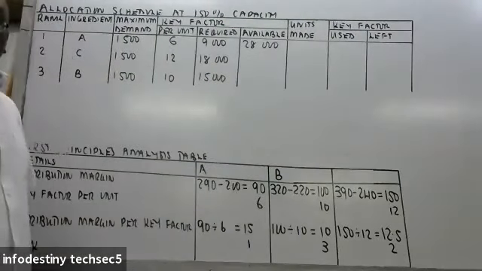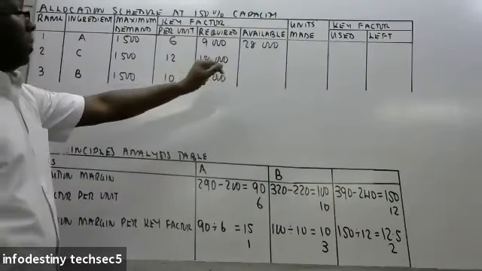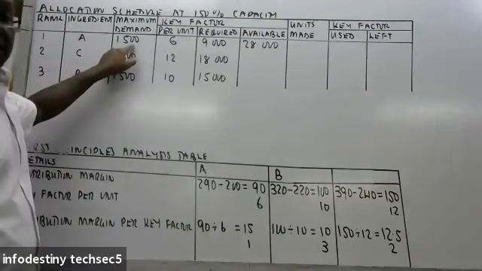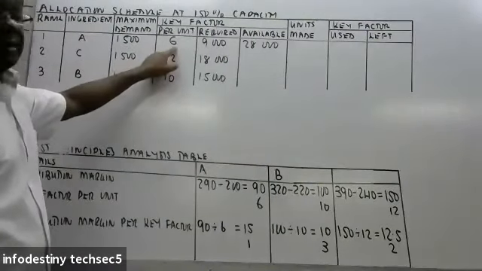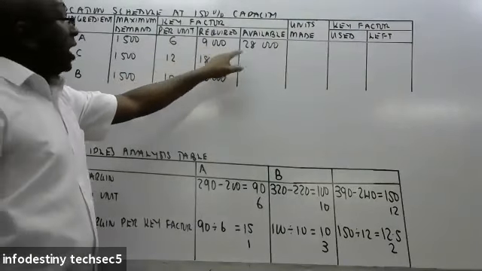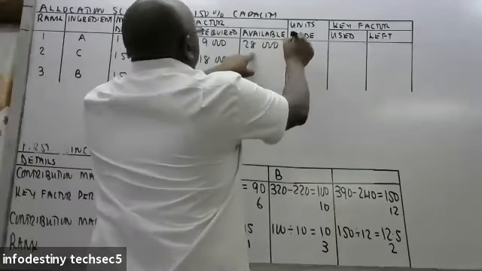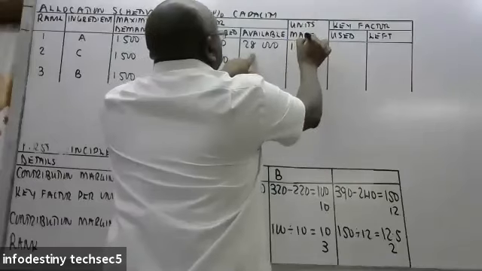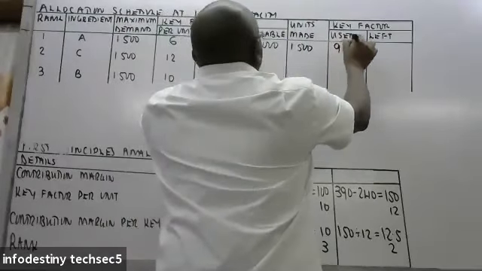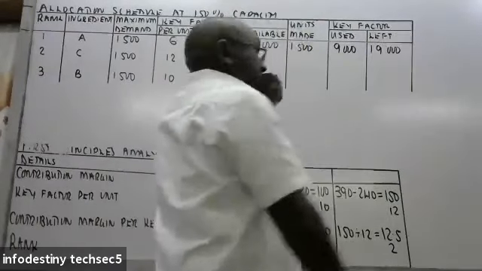So this is how you argue. We want to make 1,500 units, each taking us 6 hours. That means we must have 9,000 hours with us. And we already have 28,000, so we can afford. So if we can afford, we make 1,500. And in so doing, we will have used 9,000 so that we are left with 19,000.